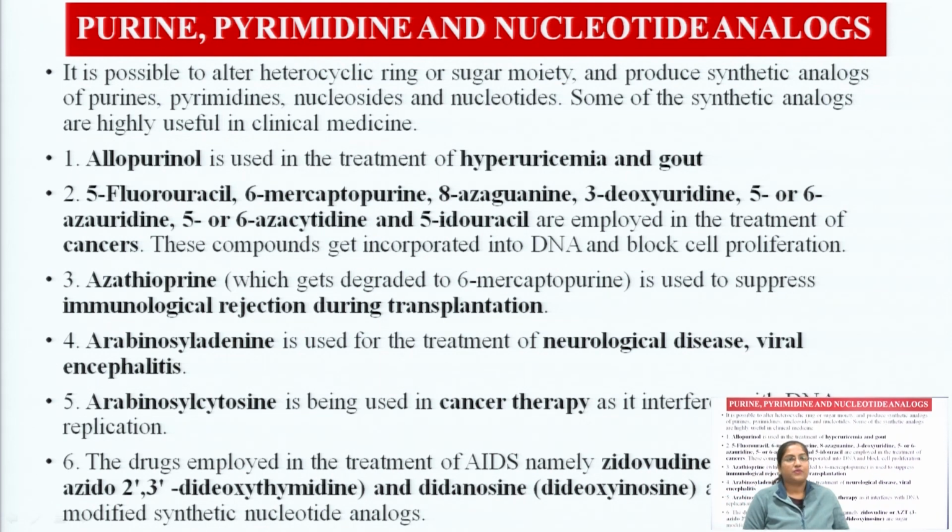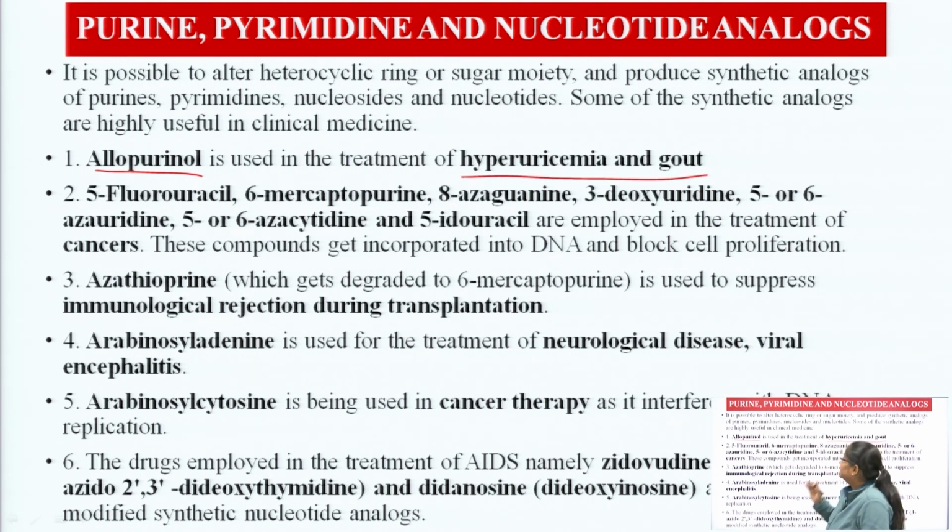Okay. Now, purine, pyrimidine and nucleotide analogs. We have already studied many of them in our previous lectures, but here I would like to tell you more about it. Like allopurinol, which we use in the treatment of gout and hyperuricemia, has a structure analogous to our nitrogenous bases.